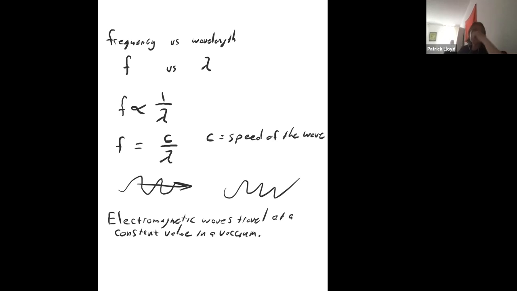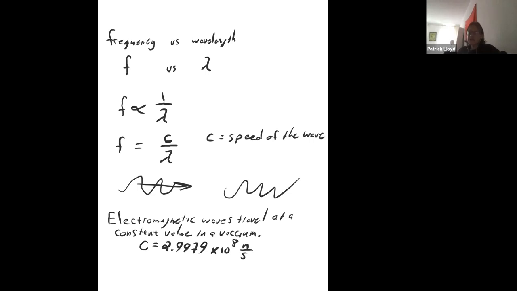They all in a vacuum will travel at the same speed, and that speed is called the speed of light. Now I'm going to write down a bunch of sig figs here, 5 of them. There's more, there's like 9. 10 to the 8th meters per second. So there's your speed in a vacuum.